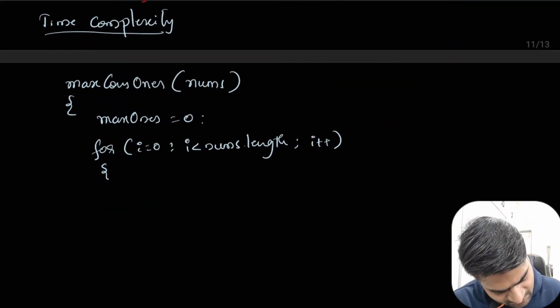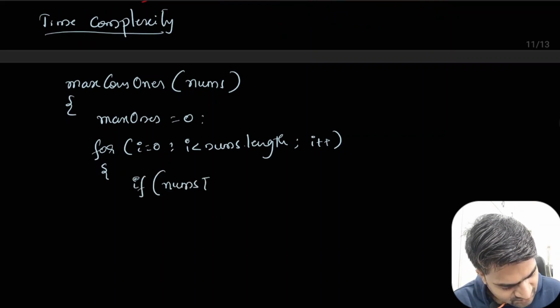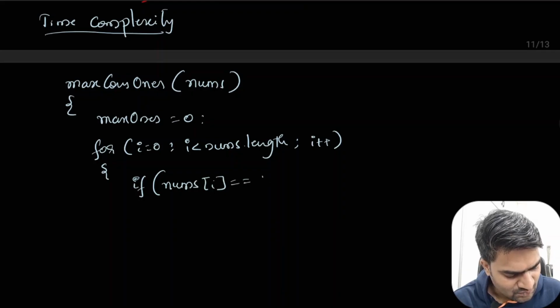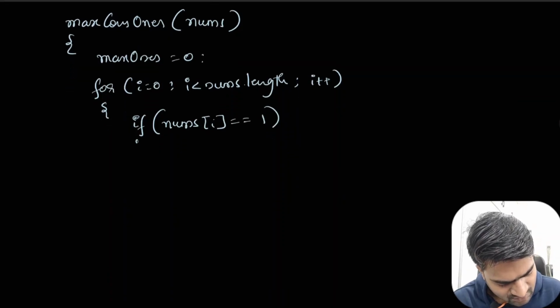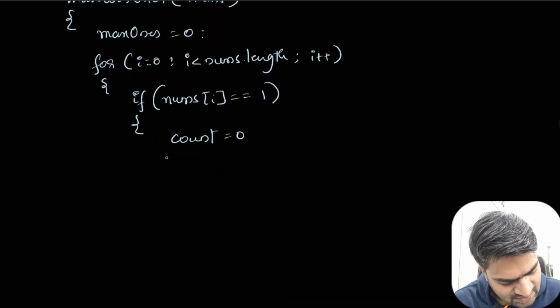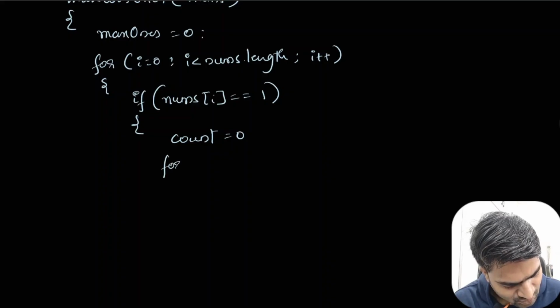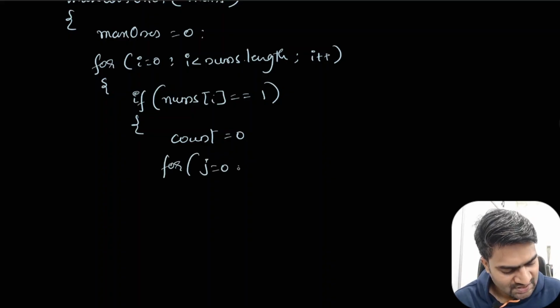So if nums of i is equivalent to 1, then we will have a count equal to 0. Then we will use a for loop. Then I will say j equal to 0.